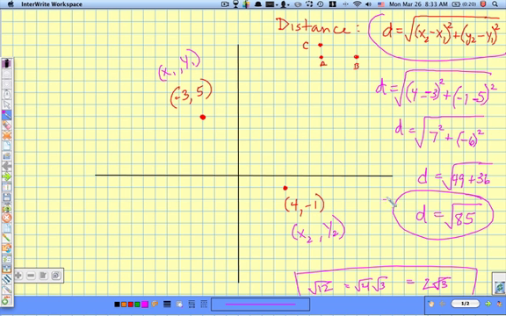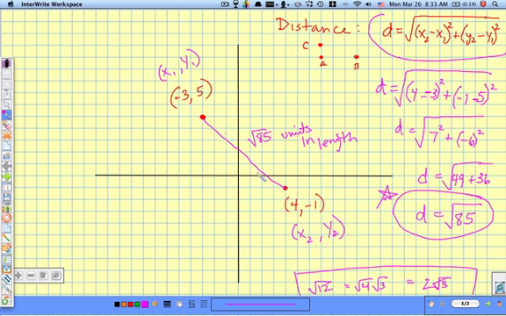Okay, here's your answer. So what are we saying here? We're saying the distance between here and here is the square root of 85 units in length. Now, if you really wanted to get technical, what is the square root of 85? Well, the square root of 81 is 9.